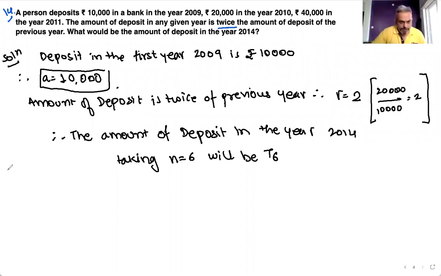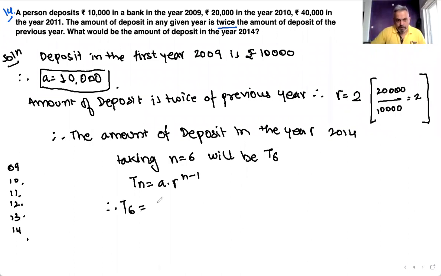2009, 10. I'll write over here. 9, 10, 11, 12, 13, 14. 1, 2, 3, 4, 5, 6. So Tn is equal to A into R raised to n minus 1.